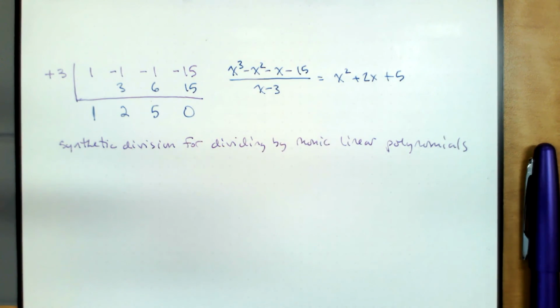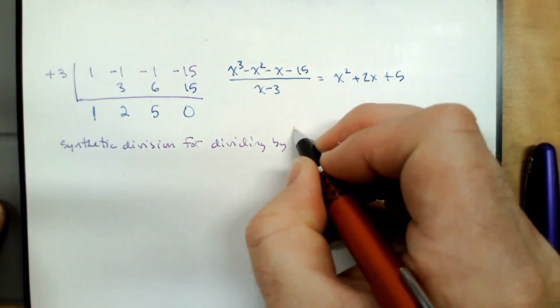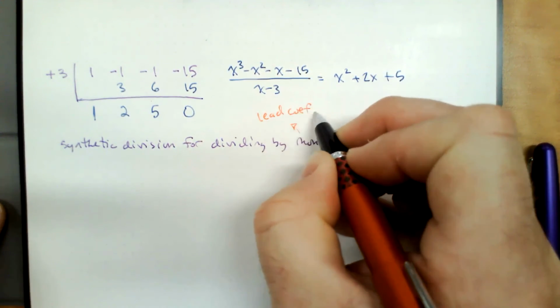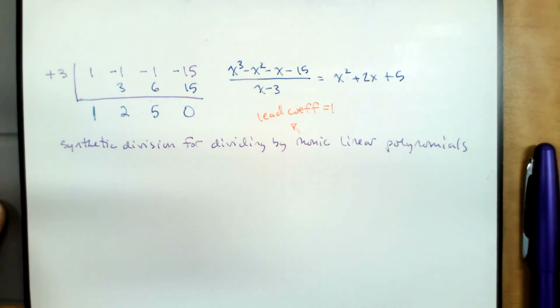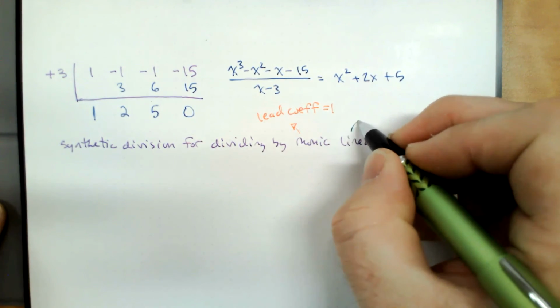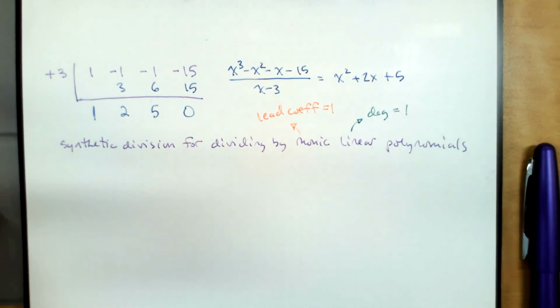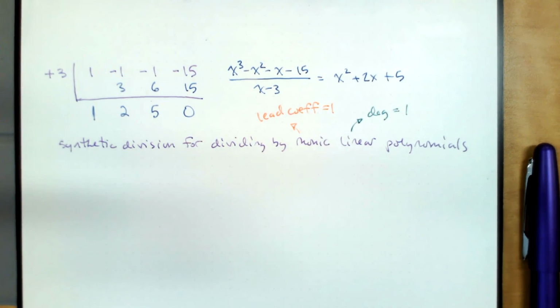Monic, because the leading coefficient is 1. Linear, because the degree is 1. Under certain conditions, it can be adapted for other polynomials, but let's reserve it for now for monic linear polynomials.